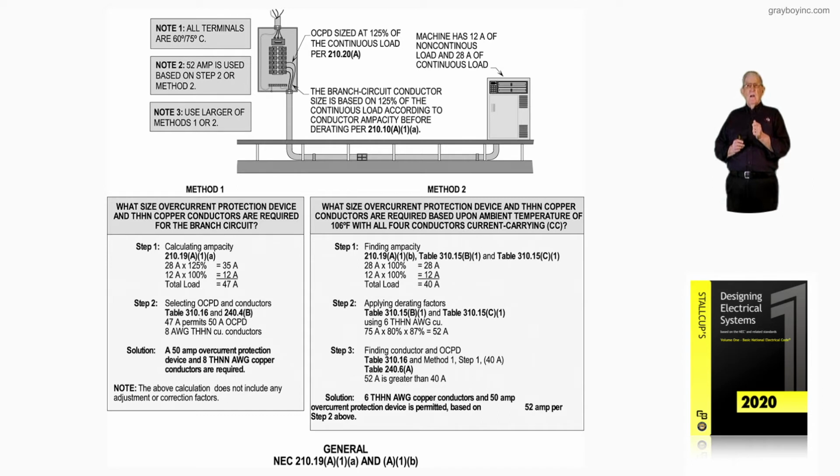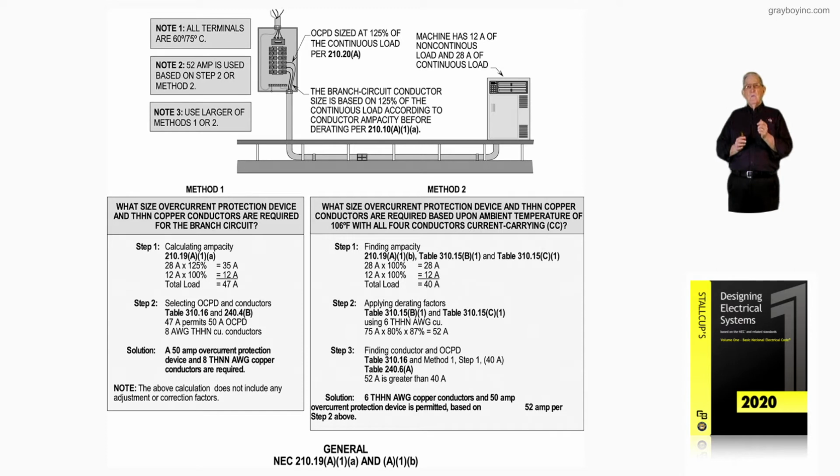But we're reviewing our section 210.19(A)(1)(b), Table 310.15(B)(1), and we would look at 310.15(C)(1). Now, with this thought in mind, step 2 can be applied. We're applying the derating factors.